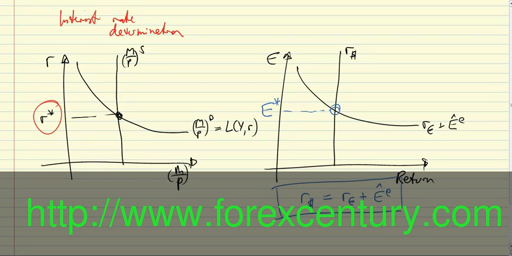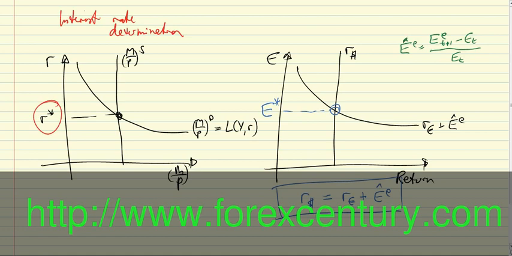Let's just recall real briefly what E hat E is. That is the expected exchange rate for one period out minus today's exchange rate, divided by today's exchange rate.